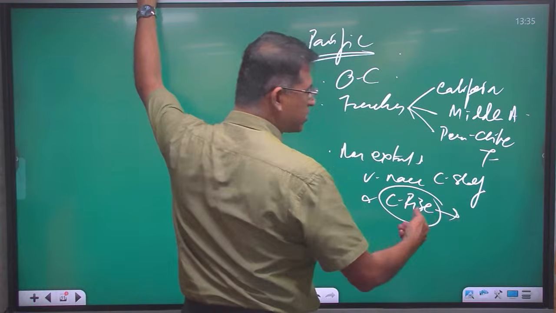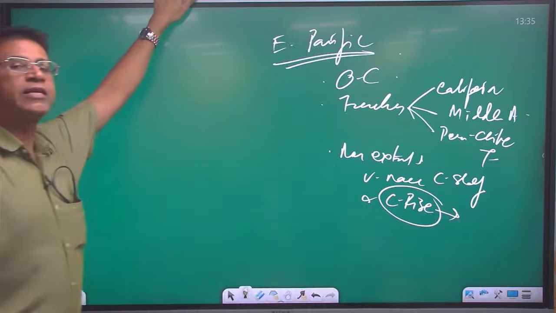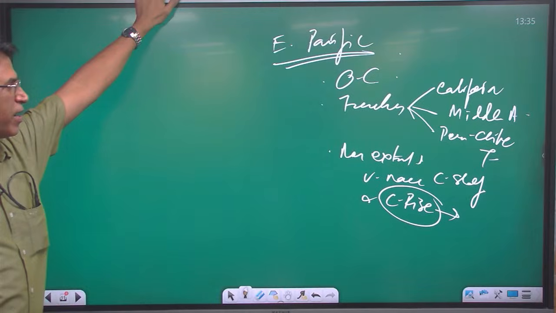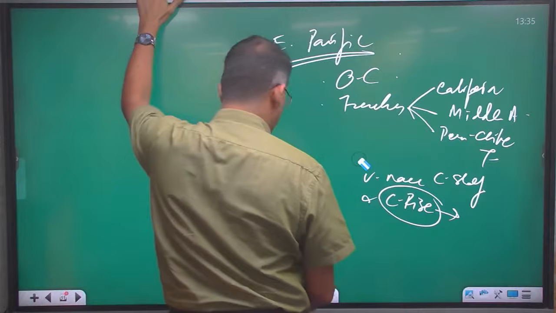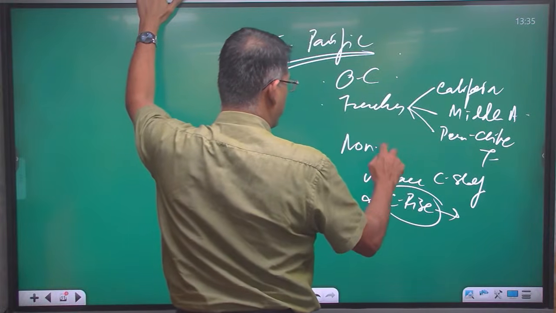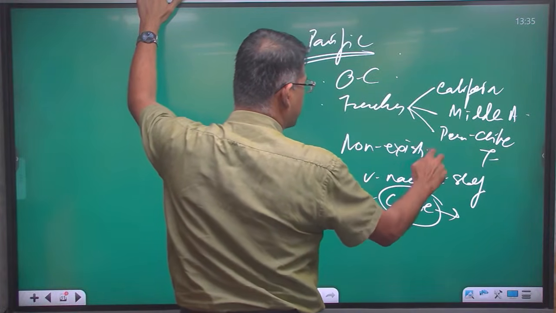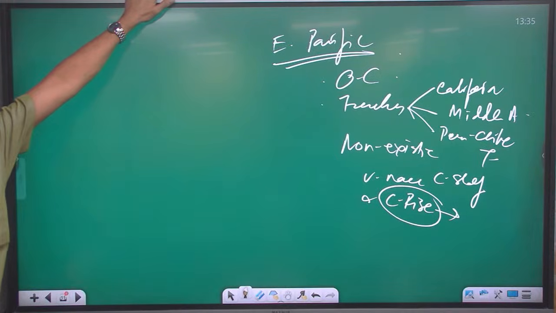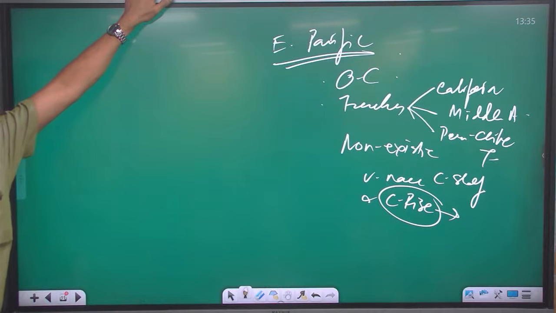The rise is replaced by the trenches. Because these are active margins, those are almost non-existent. If there is a little, it's a very narrow shelf, and almost non-existent rise because there is a trench, and sediments all get consumed inside that.